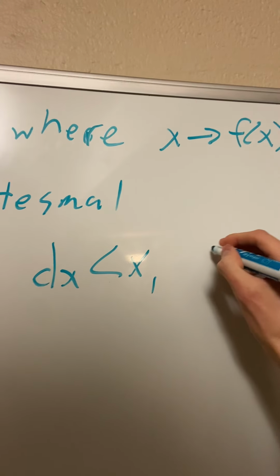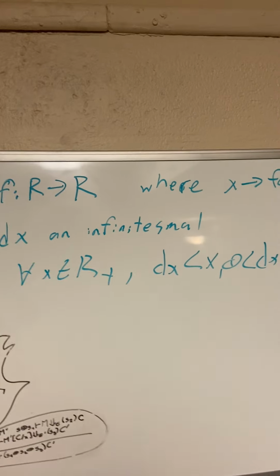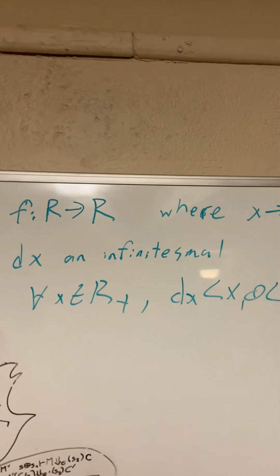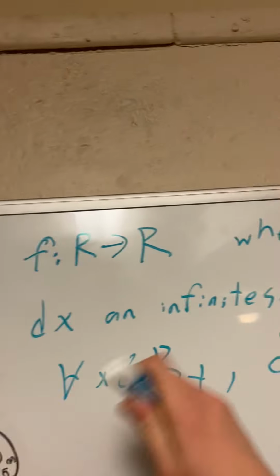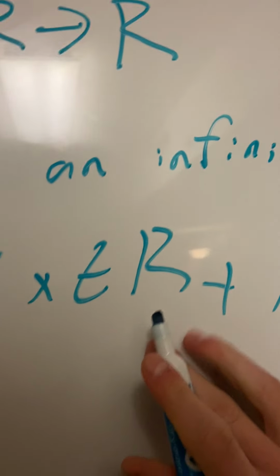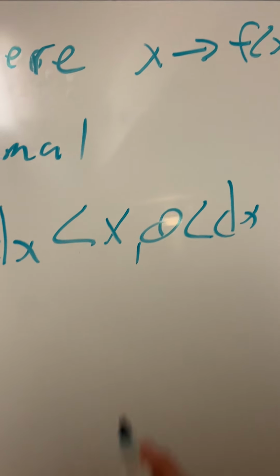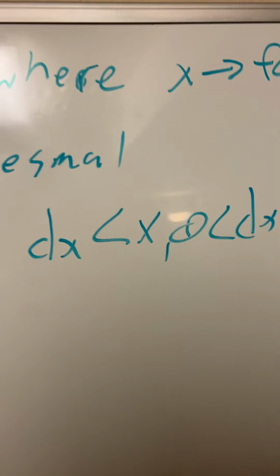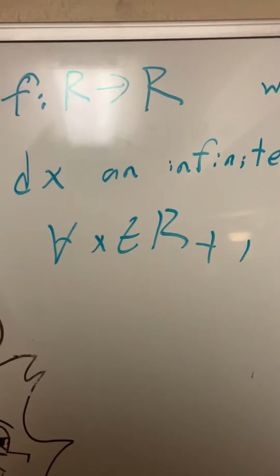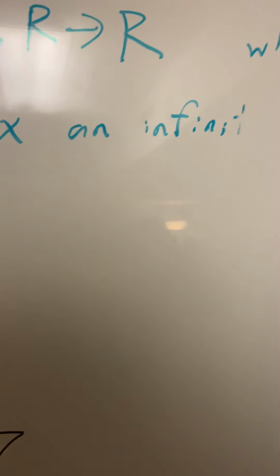This is poorly written because I used x twice, but it's saying this thing is infinitesimal if for any positive real number, our infinitesimal is smaller, but our infinitesimal is also bigger than 0. So it's basically saying numbers that are smaller than every other number. And that's how you would do that.